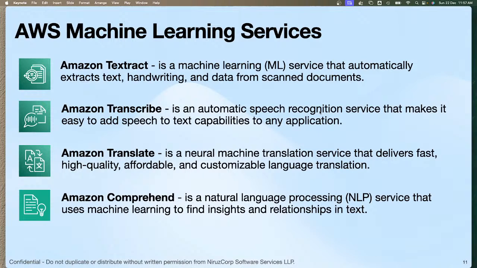Amazon Comprehend. So there are so many machine learning services, but you just need to remember the names and what purpose they serve. They are purposefully built for different use cases, because AWS uses very specific machine learning training on these services, so they are tuned for a particular purpose.